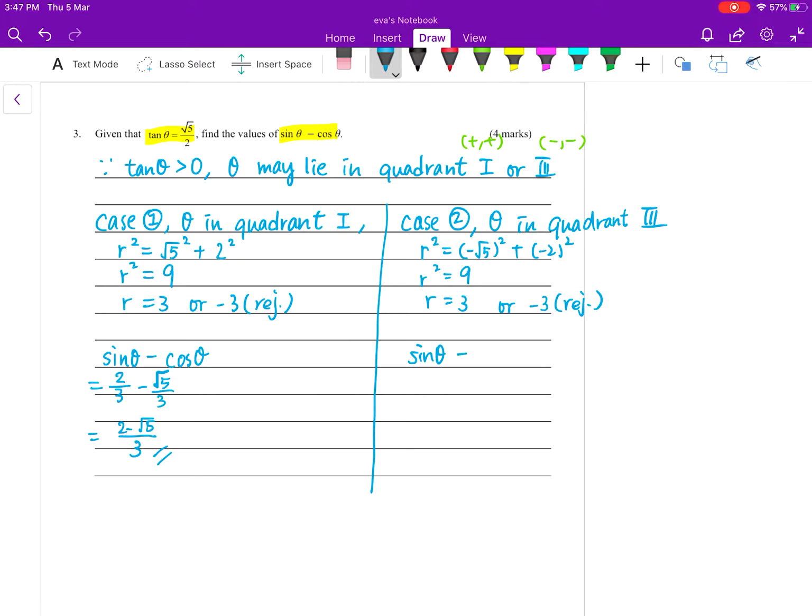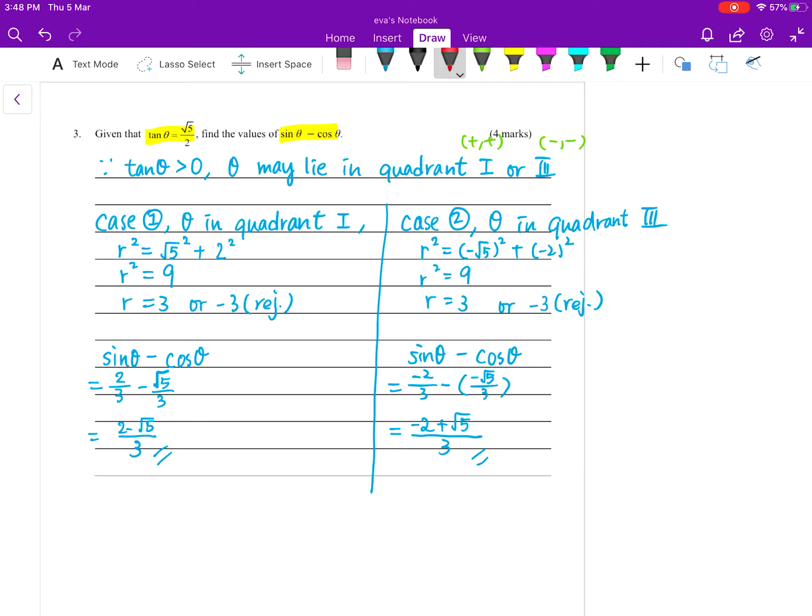So sine theta minus cosine theta becomes negative 2 over 3 minus negative square root 5 over 3. This becomes negative 2 plus square root 5 over 3. So this is the full answer of question 3.